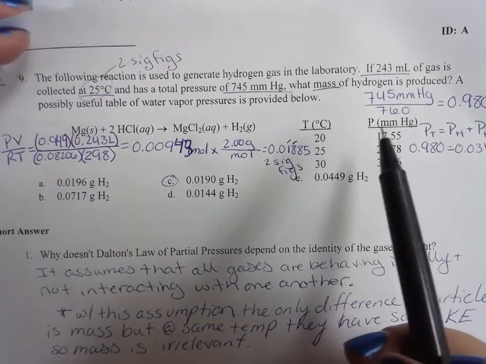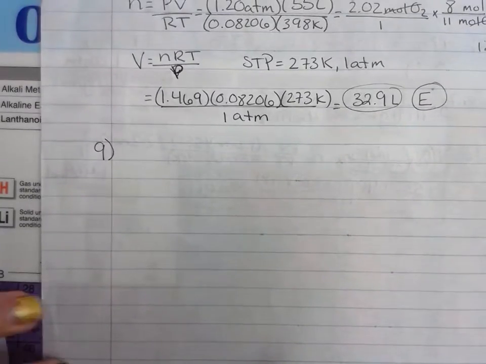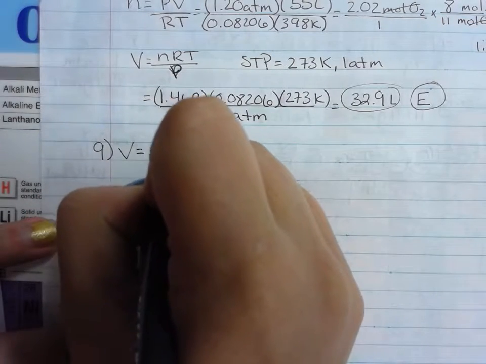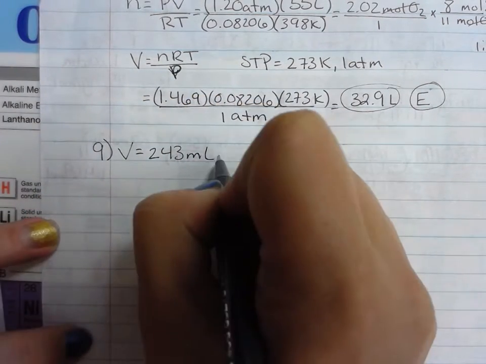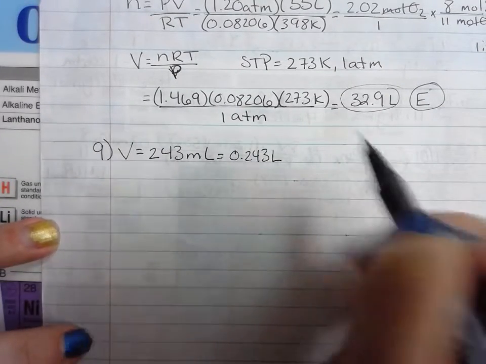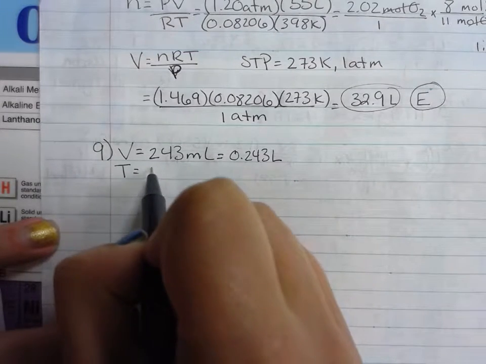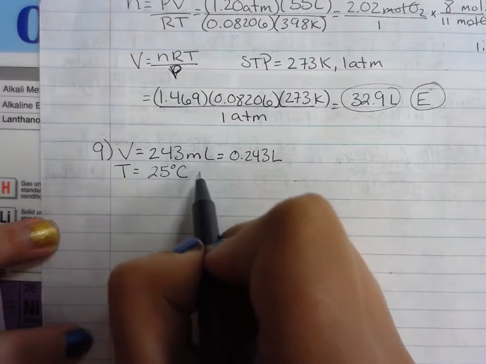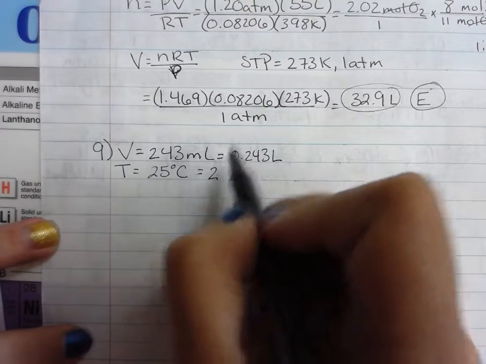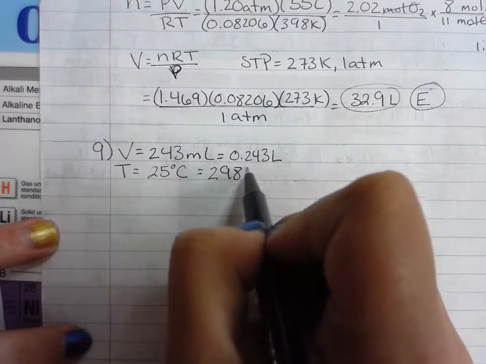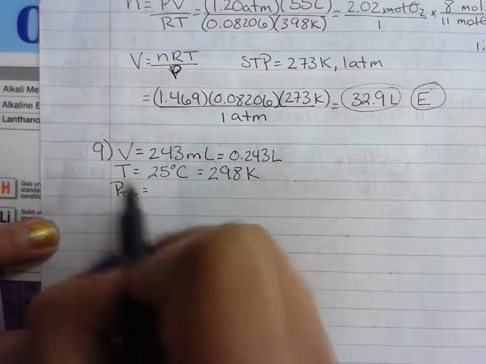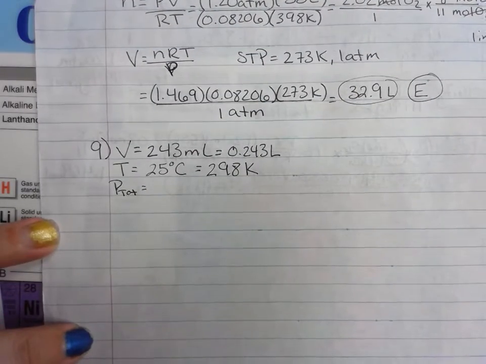Okay, so the first thing we have to do is write down what we know. Volume is equal to 243 mL, which is equal to 0.243 liters. Temperature is equal to 25 degrees Celsius, which is equal to 298 Kelvin. We know P total, and it tells you right there in the question that it's total pressure.